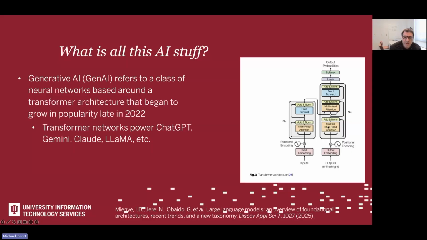ChatGPT first came on the scene in late 2022, and everything's been exploding from there. A transformer model is a new way to look at text and a language model, and it changed the way that neural network models have been used to predict text based on an input.